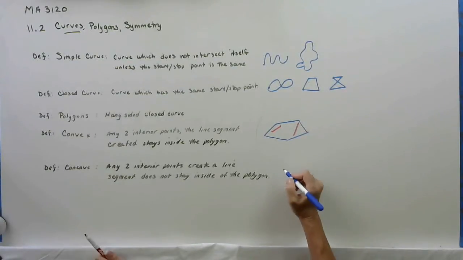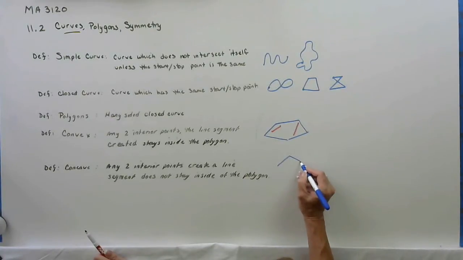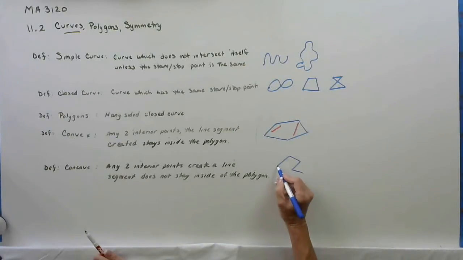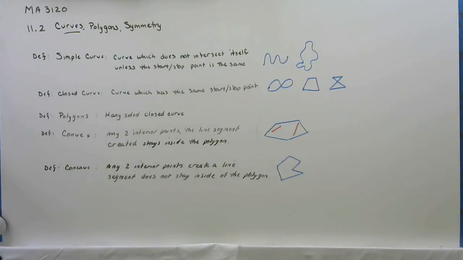However, if it's concave, perhaps I go out here. It's still a polygon because it has many sides, many line segments. As soon as I can create a line segment given 2 points, but that segment ends up on the exterior, that's called concave. I think of it as a cave going into the mountain. So if I ever have a portion that comes back inside, then that's concave.